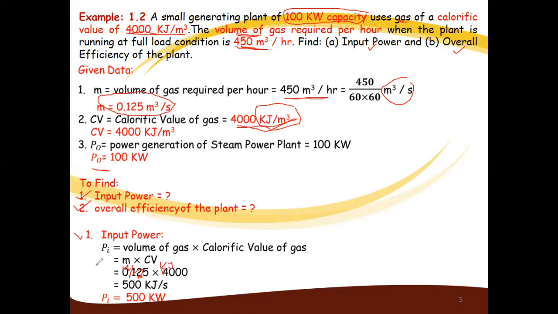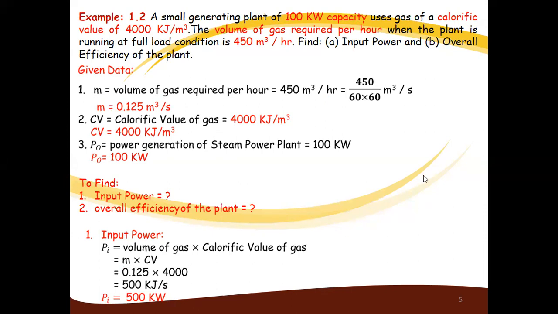So meter cube gets cancelled and we are left with kilojoule per second. So that becomes 500 kilojoule per second, and that is nothing but 500 kilowatt. That is the input power.